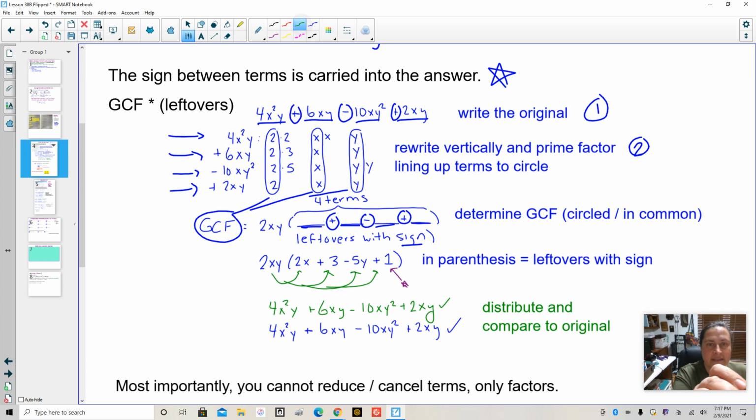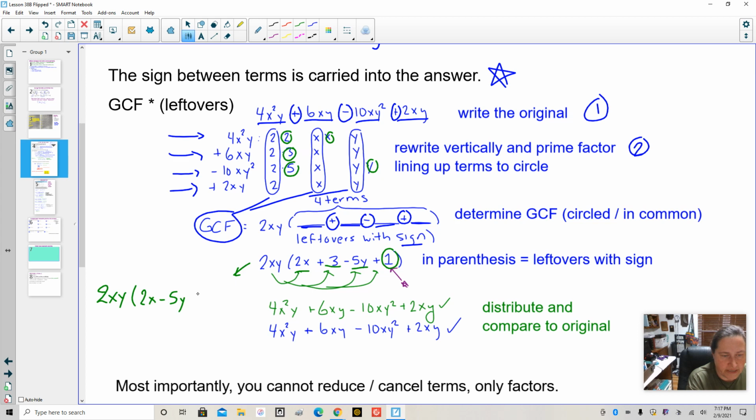Then I look at what is left over. So I have a 2 left over, an x left over, 2x. I have a 3 left over and nothing else, a 3. I have a 5 and a y left over, 5y, and I have a 1 left over. Now, this is a case where I actually could simplify this. So 2xy, I have a 2x, I have a minus 5y, and I have a plus 3 plus 1 is a plus 4.